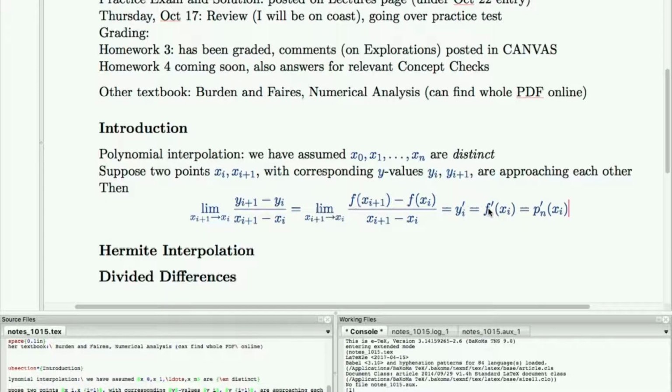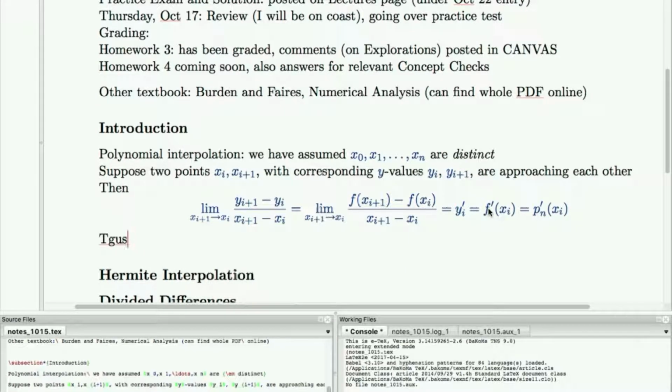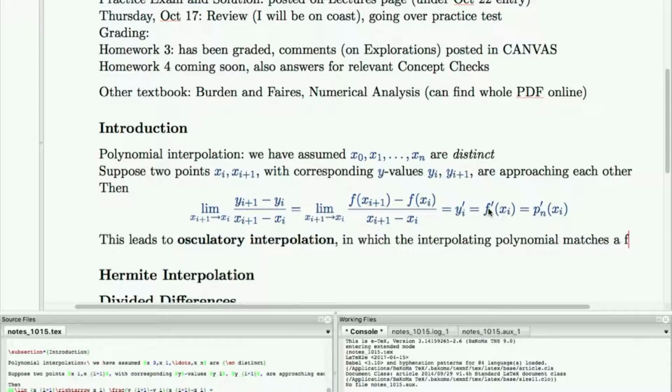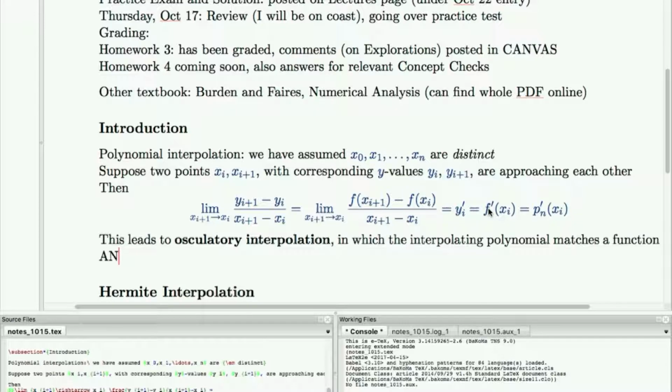So this leads to what is called osculatory interpolation, in which the interpolating polynomial matches a function and its derivatives at given points.